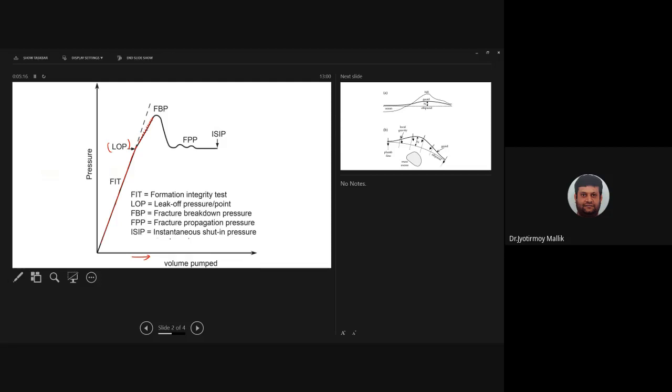If I keep on measuring the bottom hole pressure, I will see a reduction in pressure, because through those micro cracks some of the fluid will flow into the formation. This is what we call the leak-off point. Then there will be a point, but still the pressure will increase, which is called FBP or fracture breakdown pressure. At that point, a larger crack will form.